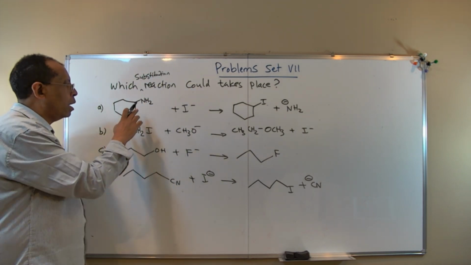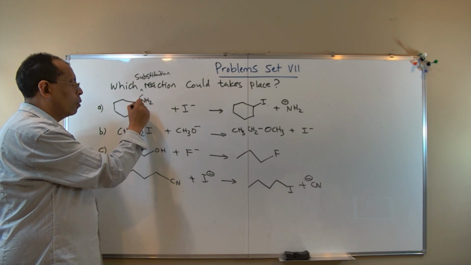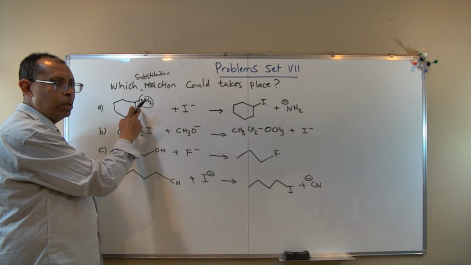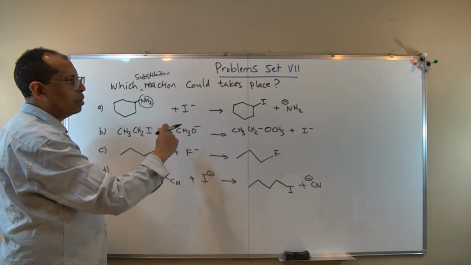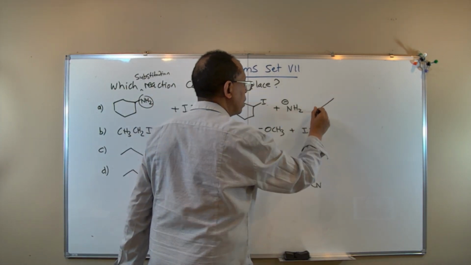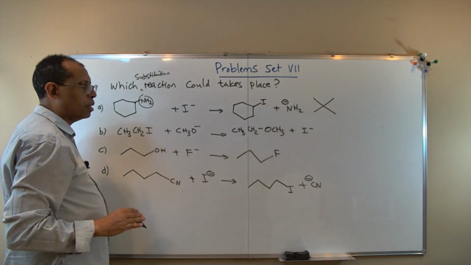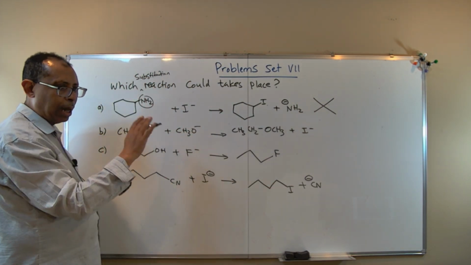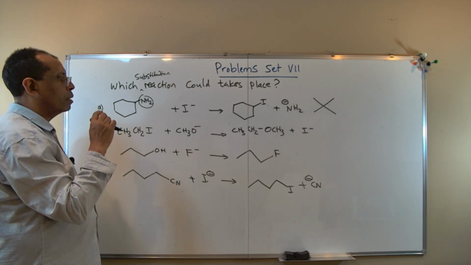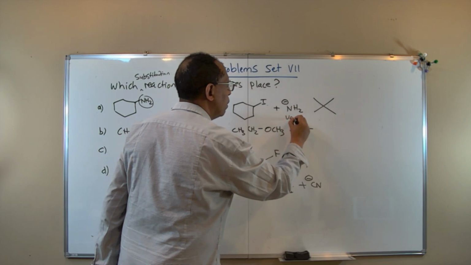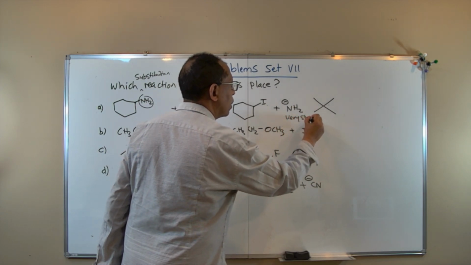Here NH2 is not a good leaving group, we know that, and this is not strong enough to substitute it. So this reaction as written cannot proceed. The reaction cannot take place. That reaction cannot happen because this is a very strong base.